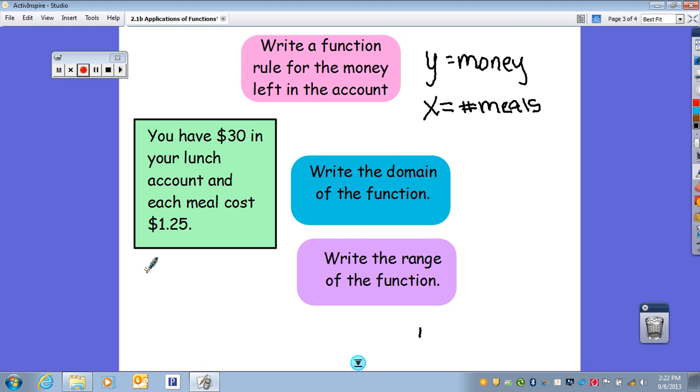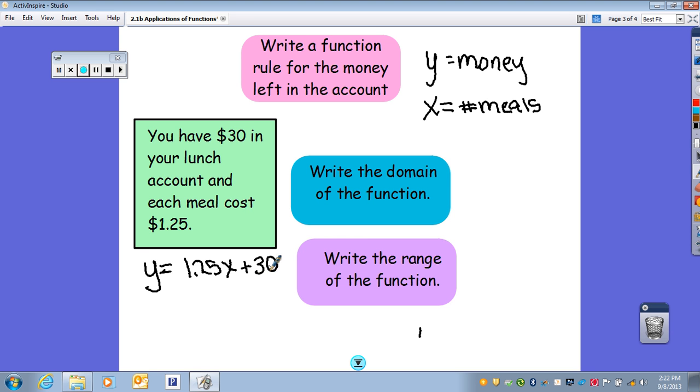So we're going to start with Y. The amount of money that we have left in our account is going to depend on then $1.25 for every meal, but we started with $30 in our lunch account, so we're going to add 30 onto there. But another thing needs to happen.